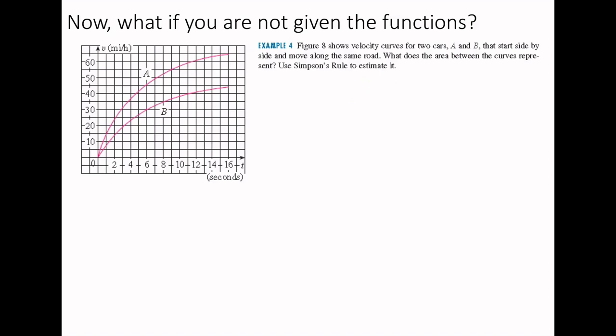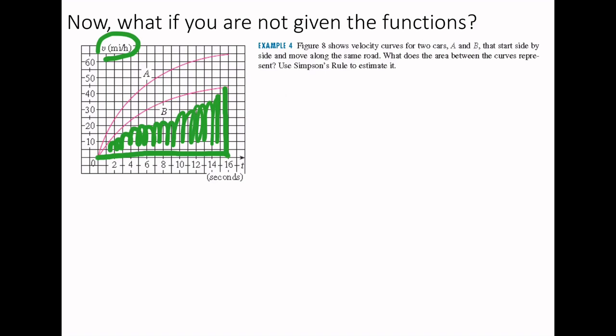Okay, so if I look at, because it's easier to see if I start with car B, what is this area? Well, if I'm careful with my units, if I turn them from miles per hour to, say, feet, definitely want to make that there now.